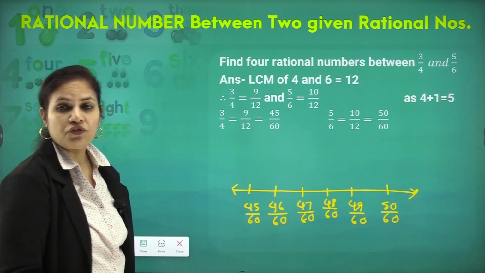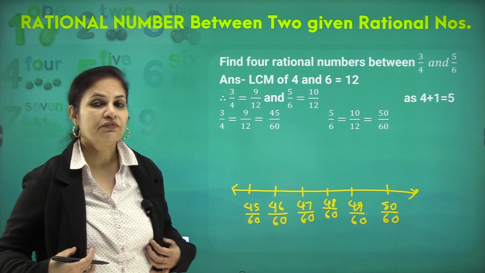Perfect. We have got 4 rational numbers between the given 2 rational numbers.